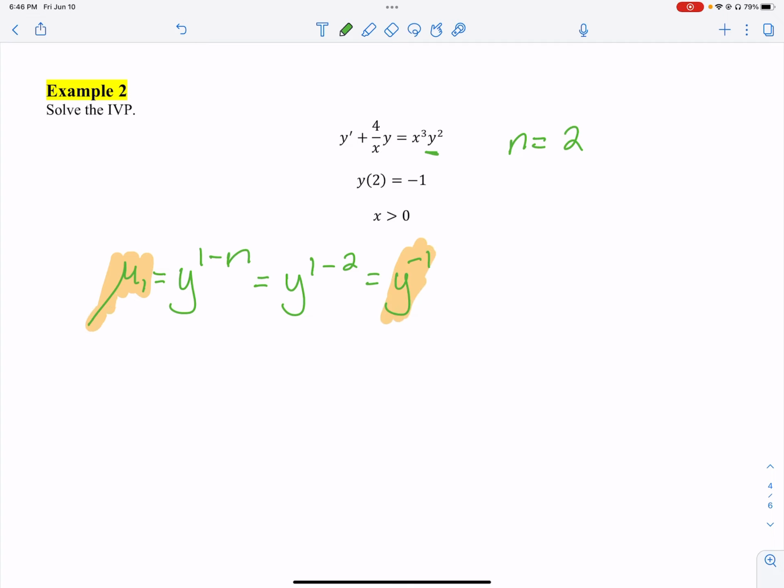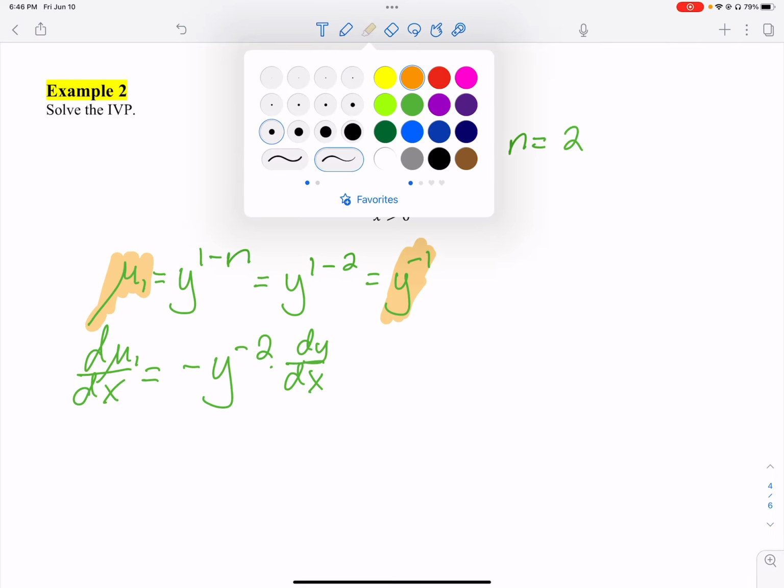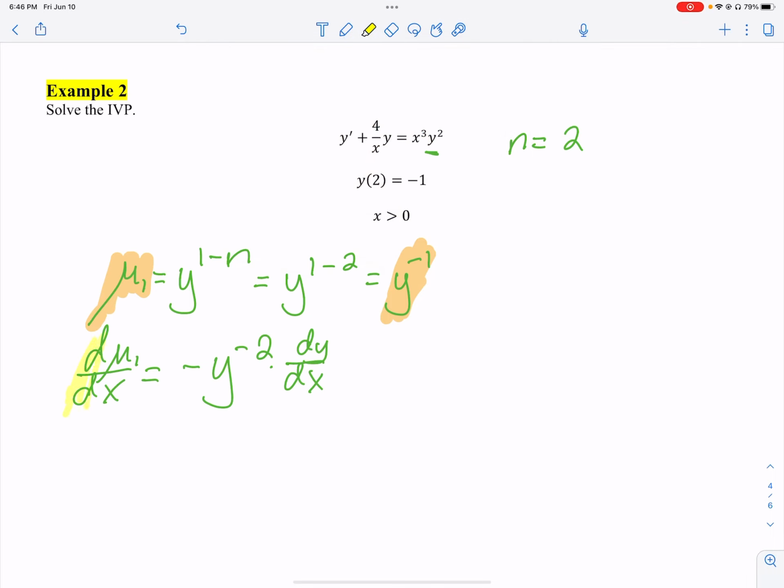Okay, so we can also pick up d mu1 dx. The negative 1 comes down, becomes a negative 2, then we get dy dx because we're doing it in terms of x. That's equal to that. And then remember, we multiply by this side.